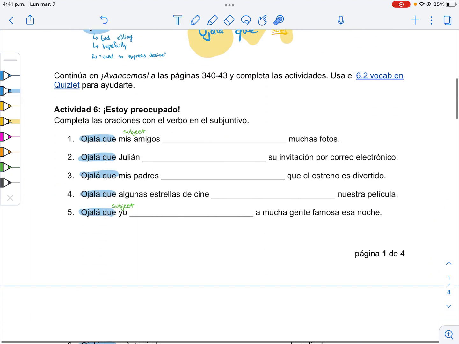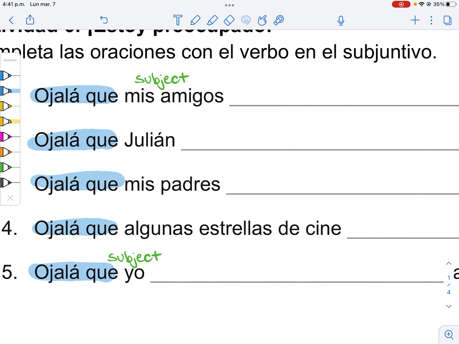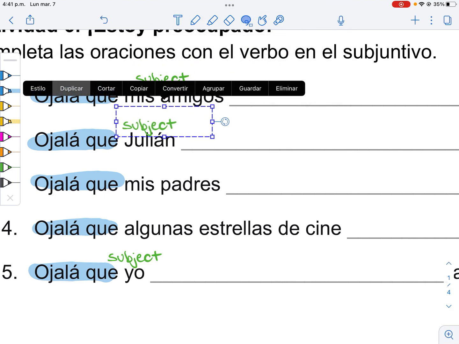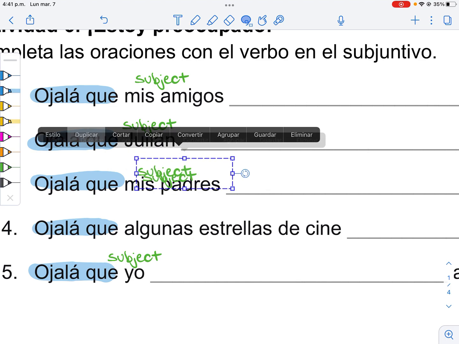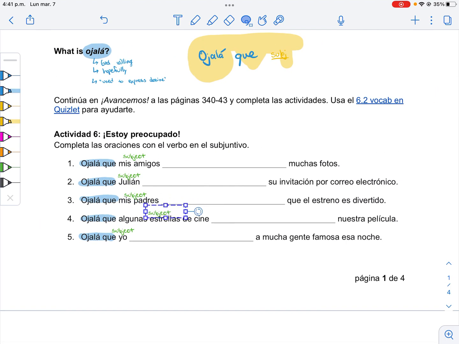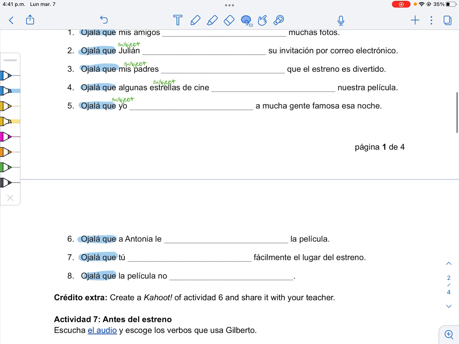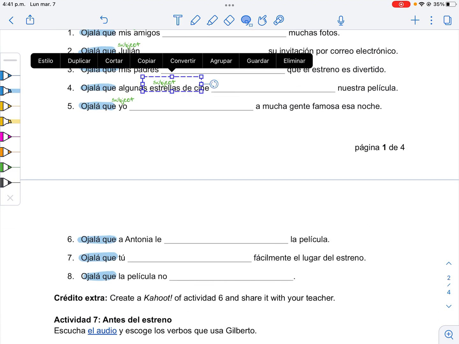So in the subjunctive, it's really important that you specify the subject, but you won't always see it. It's important to identify where the subject is in your sentence so you know how to form your verb.